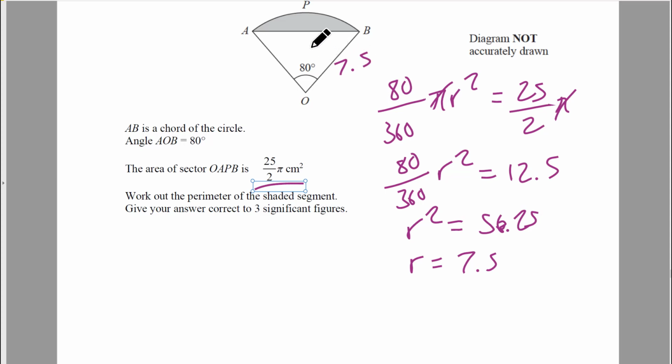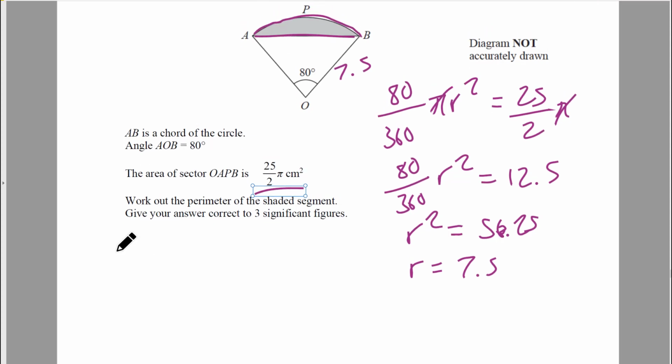Now, we want the perimeter of the shaded segment, right? So we need this and this. So let's get this arc here first. That's going to be related to the circumference of the circle, which is 2 pi r, but it's 80 degrees of the circle, so 80 divided by 360 times 2 pi r is going to give us this bit here, APB.